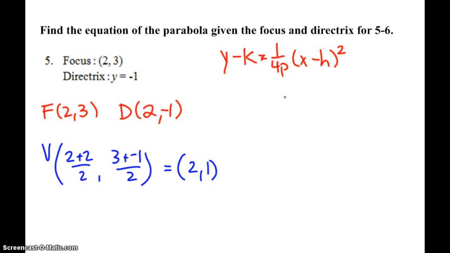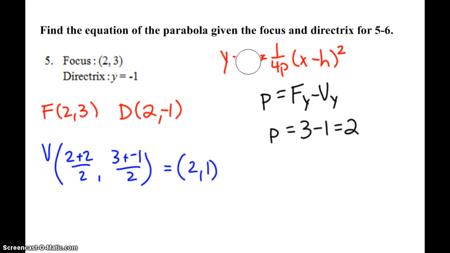You also need to find P. P is going to be the y value of the focus subtracted from the y value of the vertex. So P is equal to 3 minus 1, which is 2. Now all we have to do is plug in what we know into this equation. Instead of K, I will now have a 1.